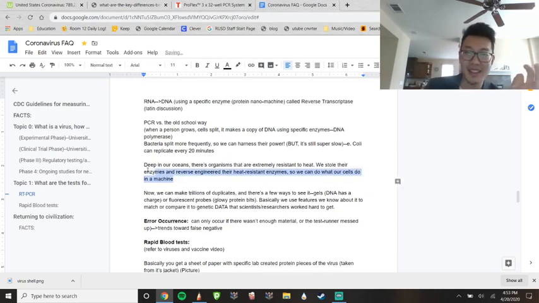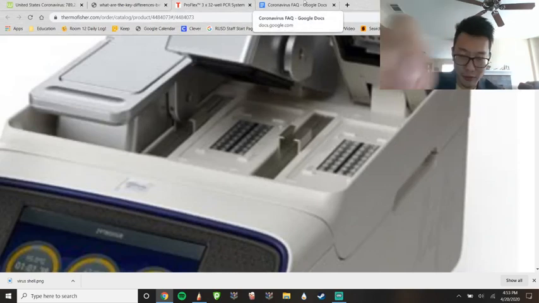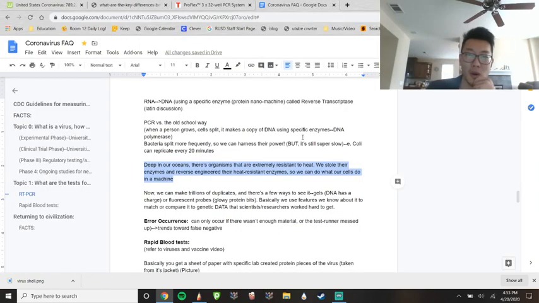and reverse engineered these heat-resistant enzymes so that in our little PCR machines, we just put little drops of their enzyme in water to do what these bacteria are able to do, but way faster.